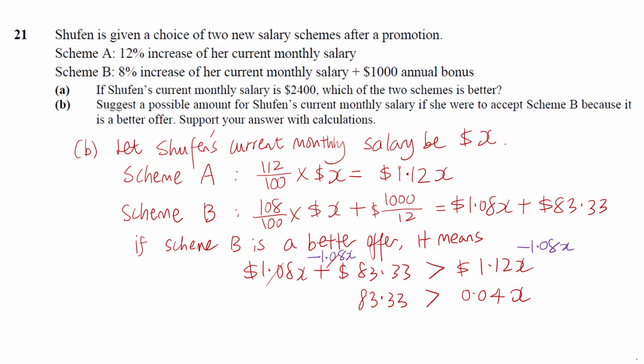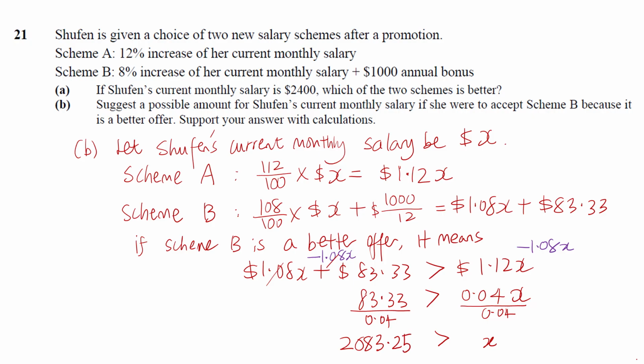So to find x, we're going to divide by 0.04 on both sides. And this is possible because 0.04 is a positive value. So when you divide by a positive value, you don't have to change the inequality sign. And that gives you 2083.25.